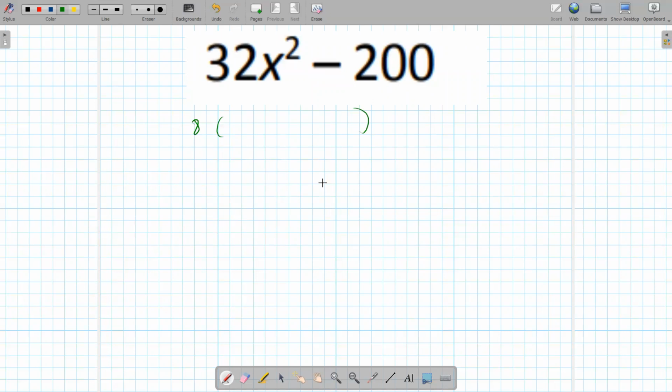Pull out an 8. What am I left with in the bracket? 4x squared minus 25. Now look at the inside bit. Can we factor that?